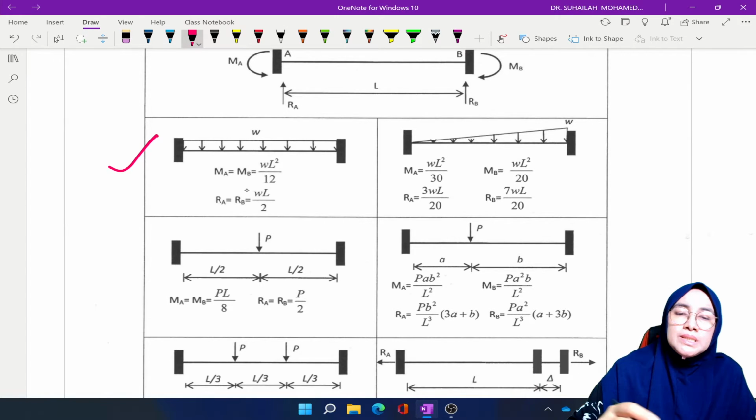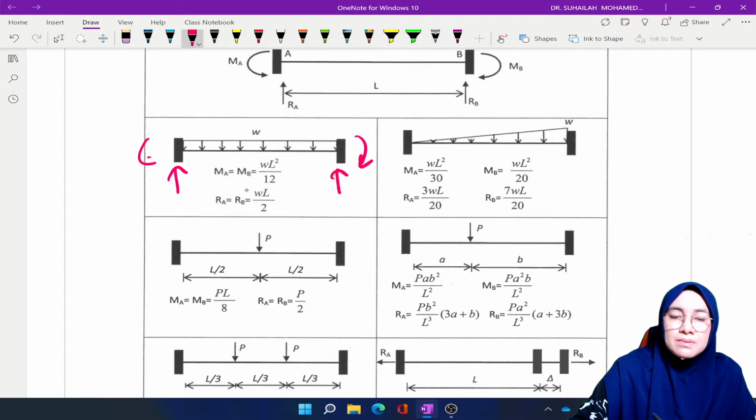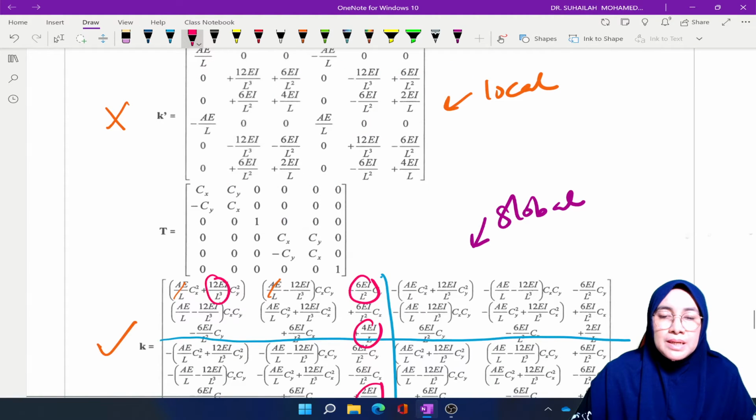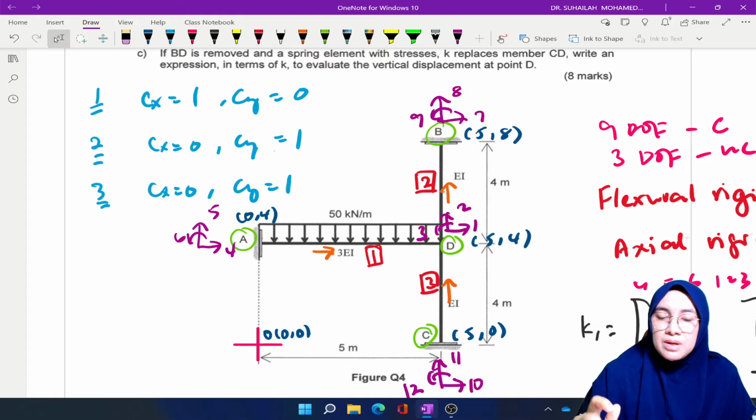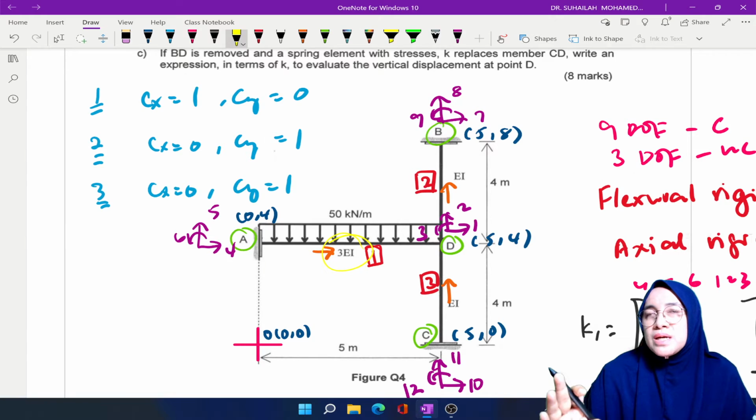The moment is acting in this direction, and W is equal to 50. Anyway, before I forget, don't forget to include this 3EI whenever we calculate K1.